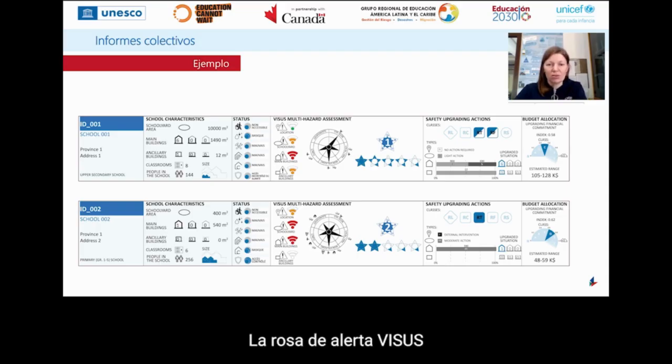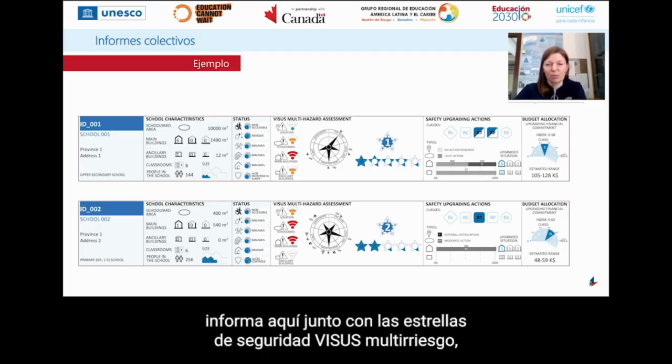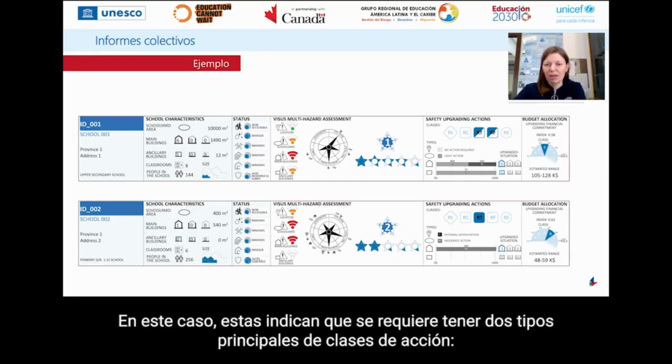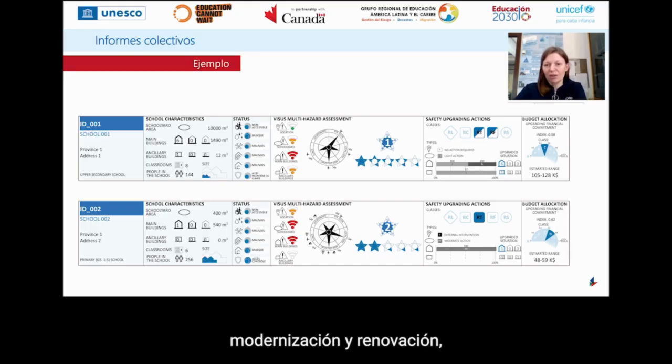The VISUS safety rows is reported here together with the multi-hazard VISUS safety stars. The safety upgrading action classes are reported for the school complex. In this case, it indicates that there are required two main types of action classes: retrofitting and refurbishment.